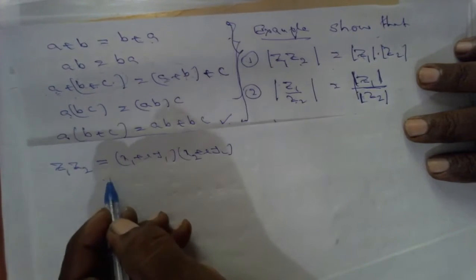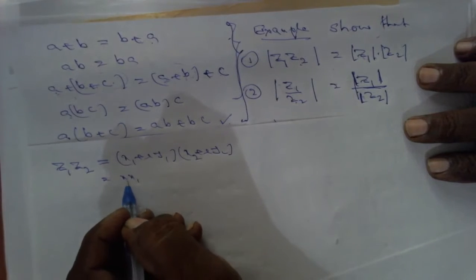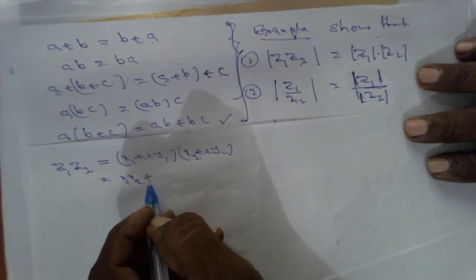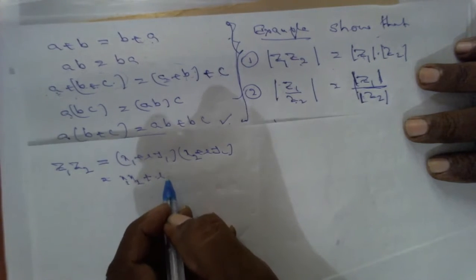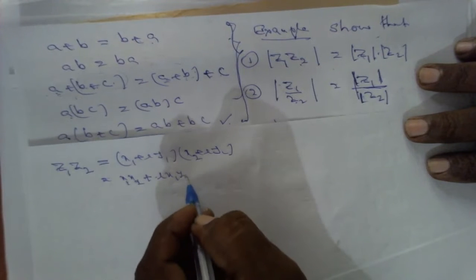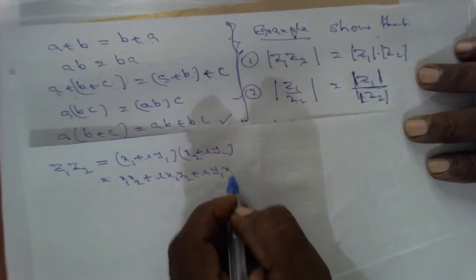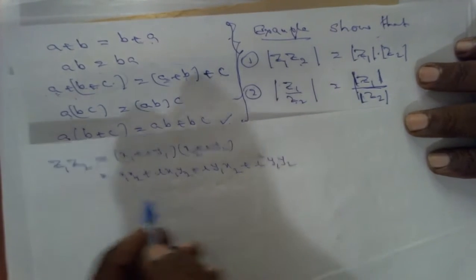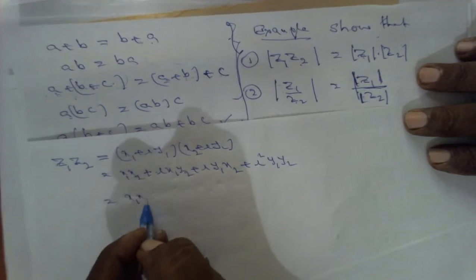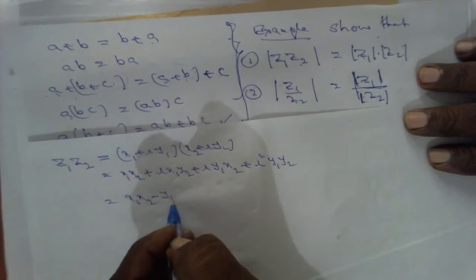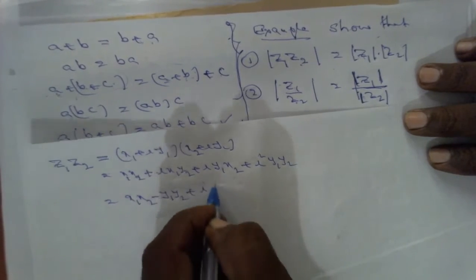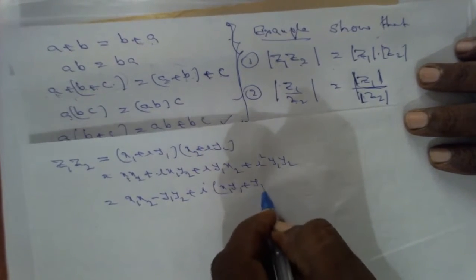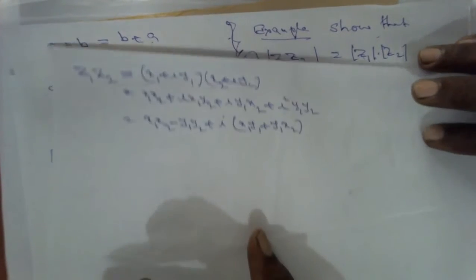This equals x1 x2 plus i x1 y2 plus i y1 x2 plus i squared y1 y2. So this equals x1 x2 minus y1 y2 plus i times (x1 y2 plus y1 x2), right?